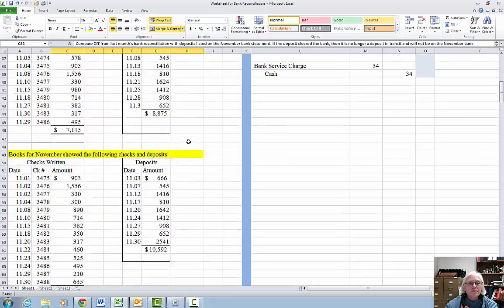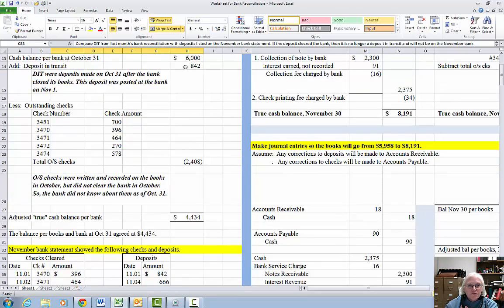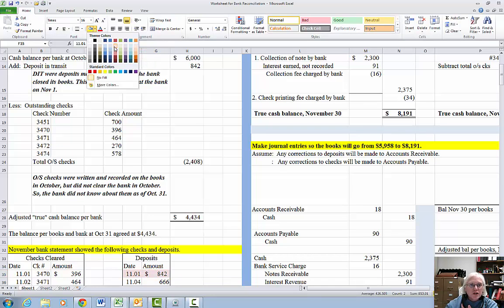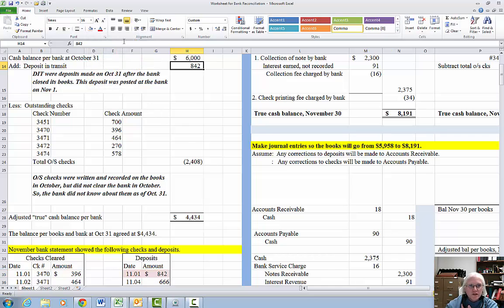Okay, so let's do that. It was $842, and the bank statement shows, I'll be darned, that $842 cleared the bank on November 1. Alright, so I am going to change the color as we go through it to show that we've taken care of it and that it cleared the bank.